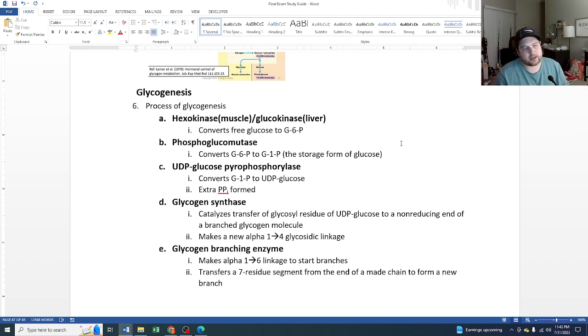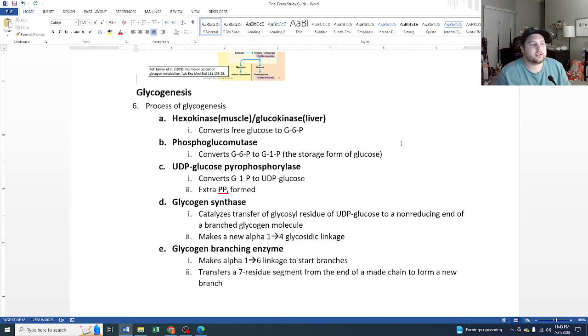It's going to phosphorylate it as it brings it into the cell. Phosphoglucomutase converts it to G1P, which is the form in which it's taken so that it can be stored. The next enzyme, UDP glucose pyrophosphorylase, converts G1P to UDP glucose.